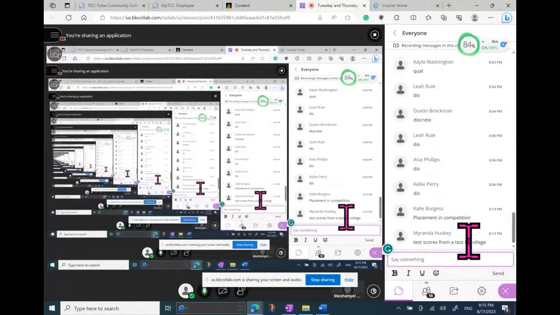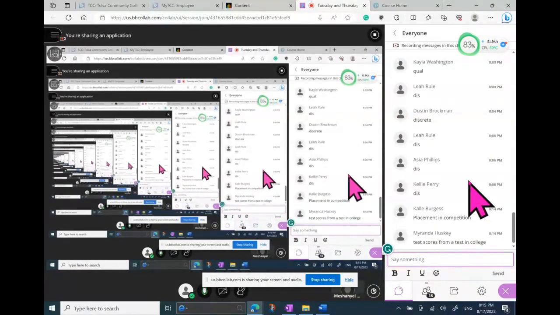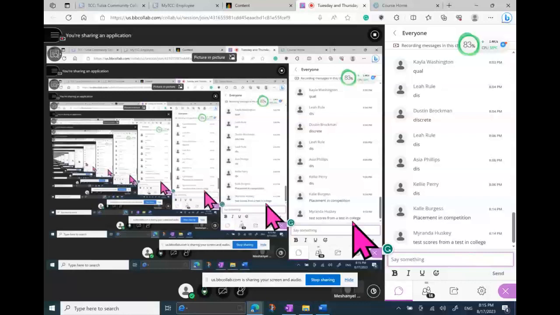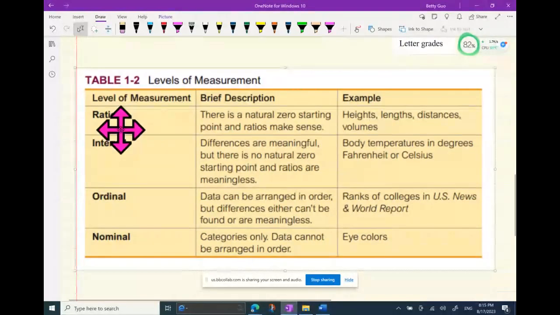Placement in competition. Yeah, that's good. That's also good. And this one is test scores from a test in college. I think test scores is not ordinal. Test scores is a ratio.